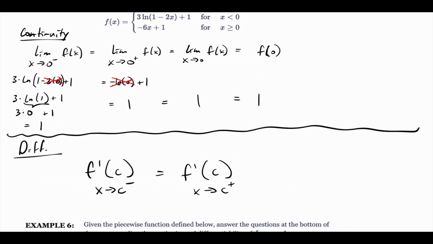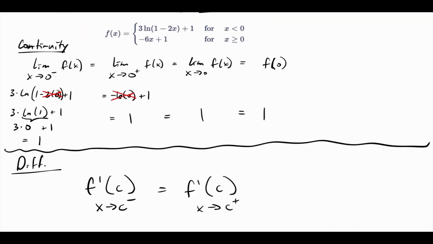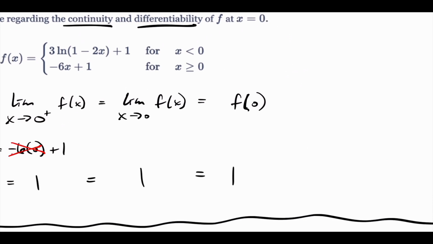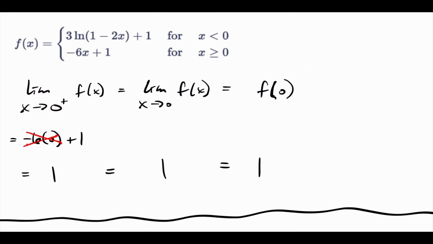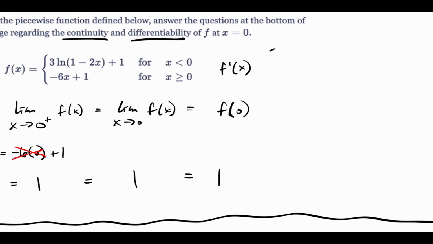Well, before I check that, what do I need to do? Find the derivative. So I'm going to find the derivative of f of x, f prime. The bottom's easy. The bottom's just negative 6 for x greater than 0. That's the derivative of the bottom. The top isn't that bad either, but it's going to take a little bit.